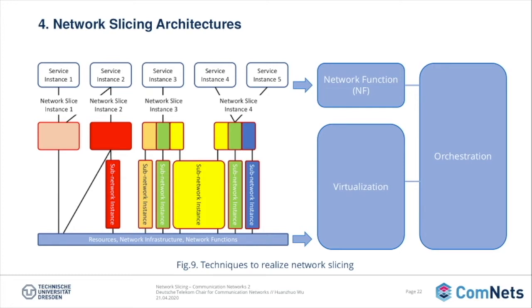So orchestration is the process that coordinates all the different network components that are involved in the life cycle of each network slice. In this context, software-defined network (SDN) is employed to enable a dynamic and flexible slice configuration.